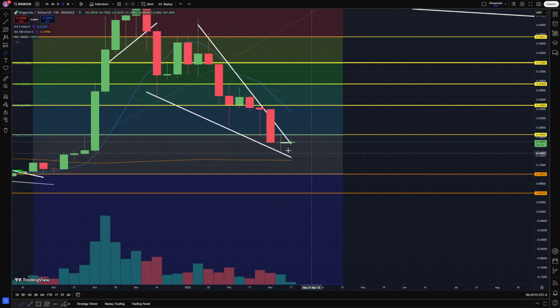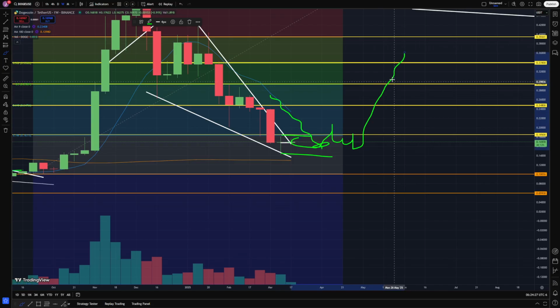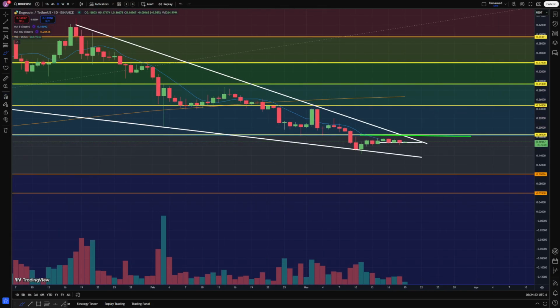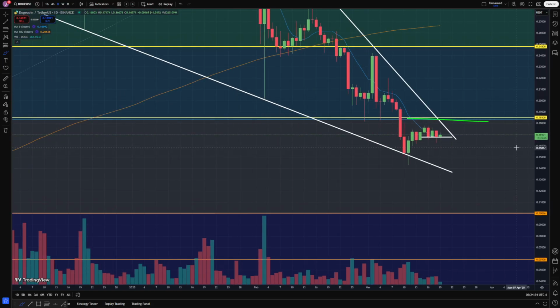So that's what I'm thinking, is we might have to go sideways for a while before the 9 moving average comes down, and we're able to break through it and then find support on it and then push to the upside. That's just what I'm thinking, gut level, should I say. But yeah, let's see what happens.